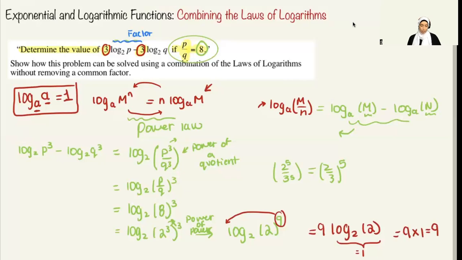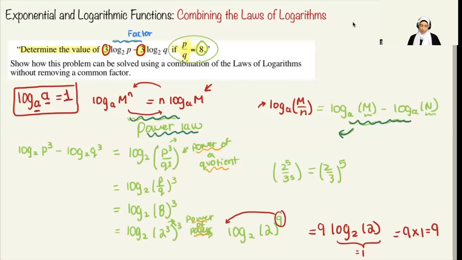And how did we do this? We used a bunch of laws, right? We used over here power of a quotient. So we used some exponent laws, power of a power. We used over here the power law, so a logarithmic law. We also used the quotient law of logarithms as well.